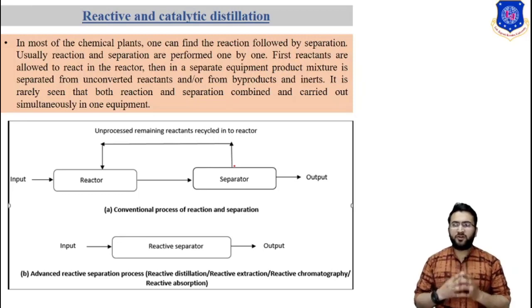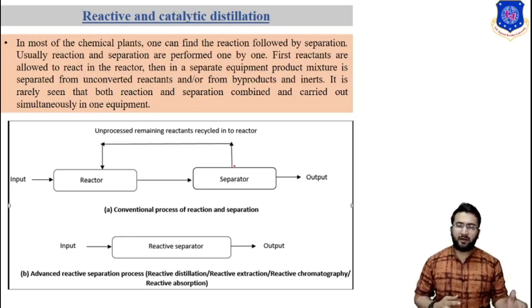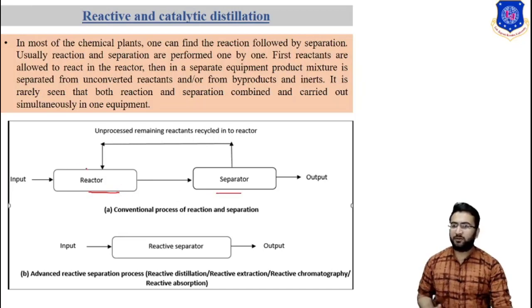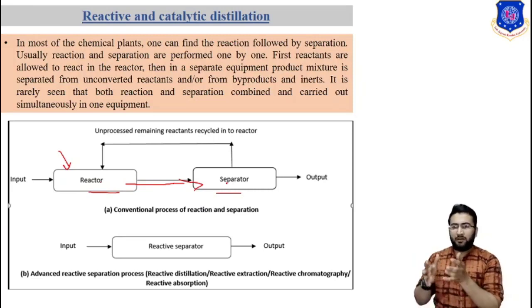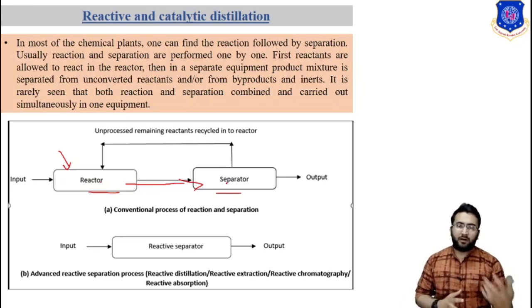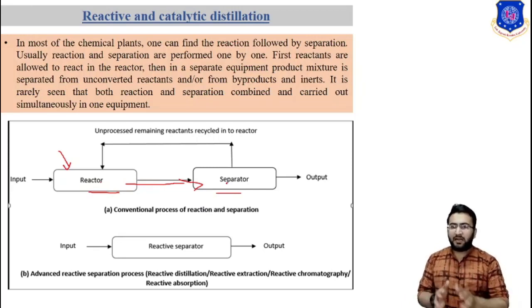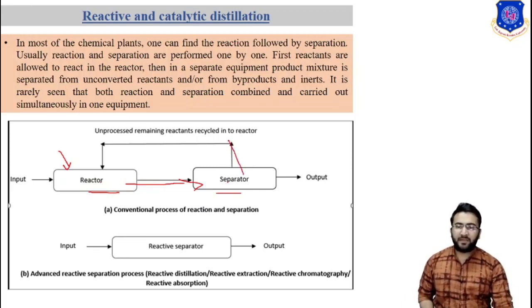So, in most chemical engineering plants, the reactor and separator are used. In a reactor, the reaction occurs and the mixture is transferred to separator equipment, in which the product is separated from unreacted reactant, other byproduct, inert material or catalyst, which then goes back to the reactor.